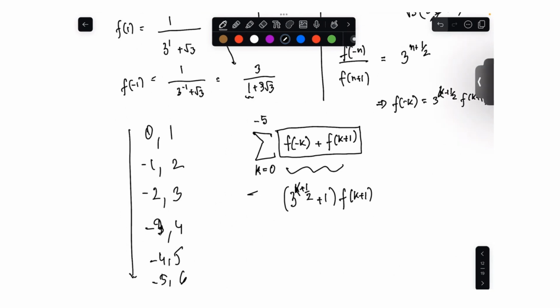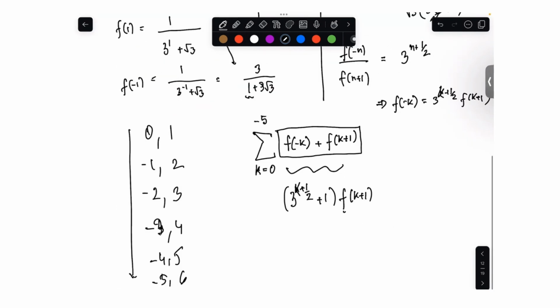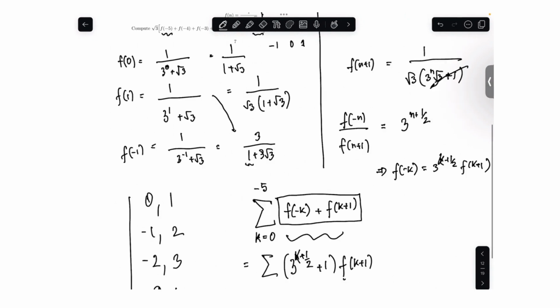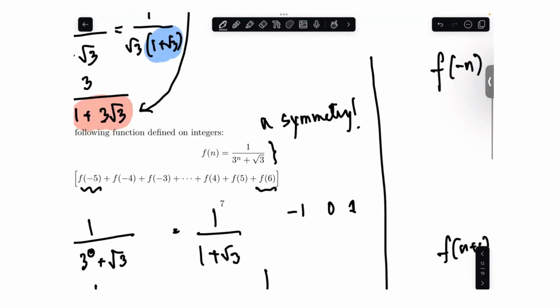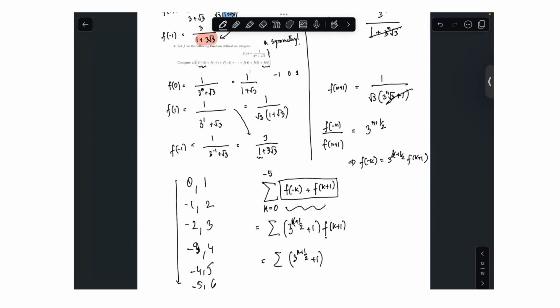Now the next step is naturally to expand this, to utilize the idea of this. So let's expand that. What is f of k plus 1? So this is again summation. I'm not writing the indices. So summation 3 to the power k plus half plus 1. F of k plus 1 is, let's replace it. So 1 by 3 to the power k plus 1. The good thing is that you will get back the same thing.